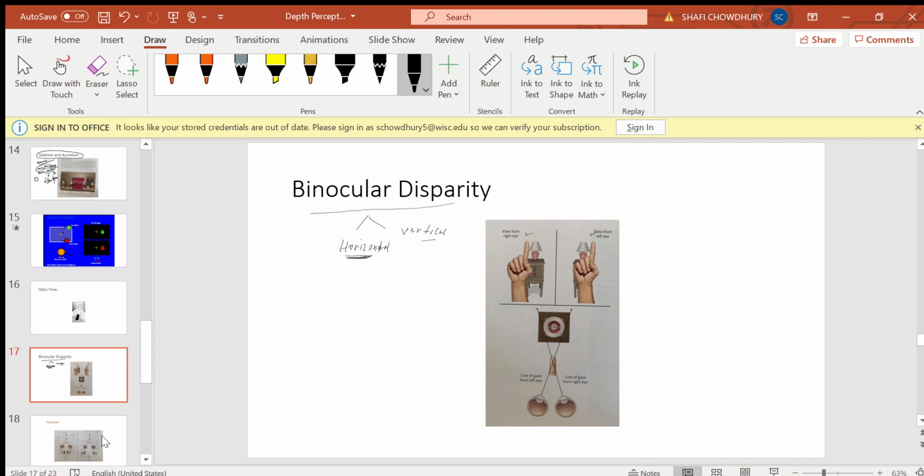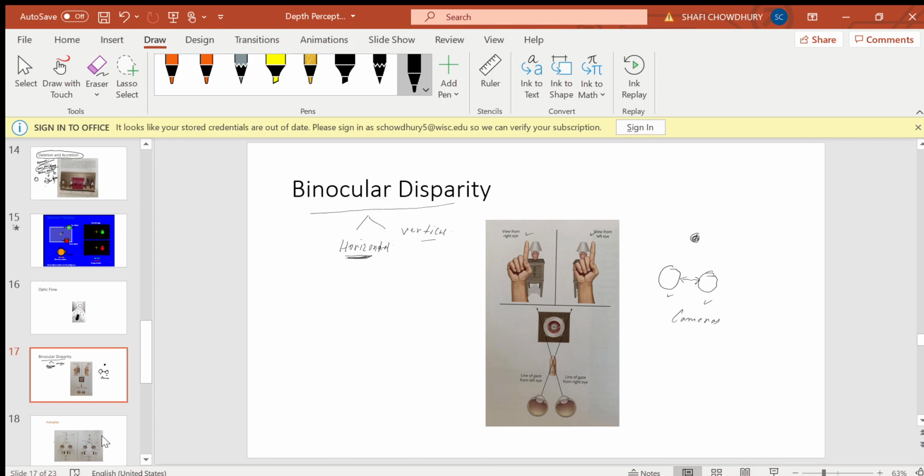Why is that? Just think that your two eyes are two separate cameras, slightly apart horizontally. We know that your eyes are separated horizontally, and now these are two separate cameras, right? And this is the object.